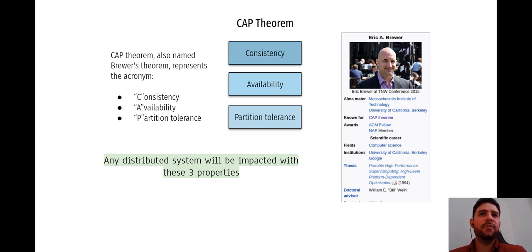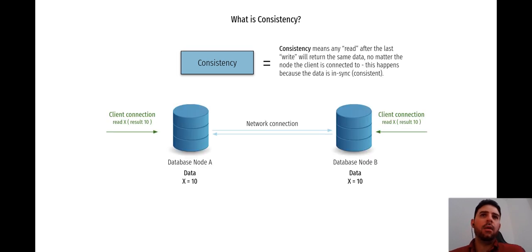To understand the CAP theorem, let's take a look inside each of these properties so you can get to the theorem itself. What is consistency? Consistency means that any read made after the last write will return the same data, no matter the node that you are connected to. This happens because the data is in sync.